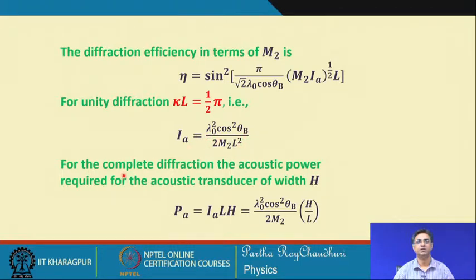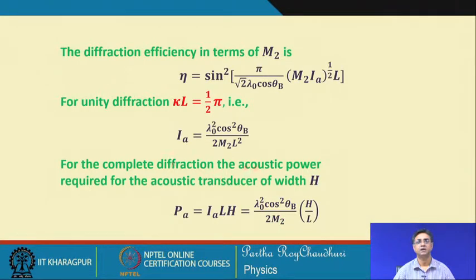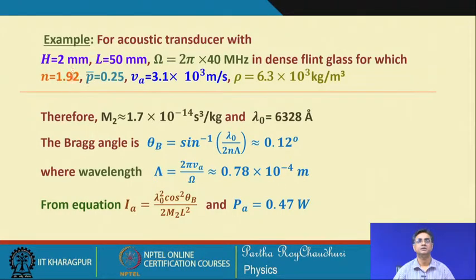For complete diffraction, the acoustic power required is given by this equation. Let us look at a practical example to get a feel for the requirement for switching power from the 0th order to the first order.